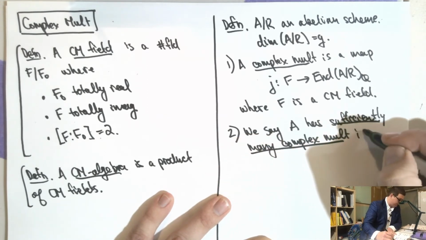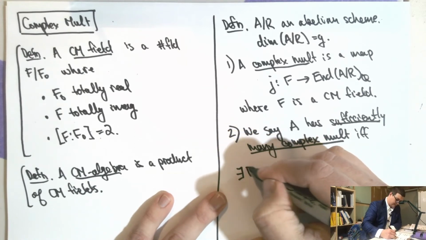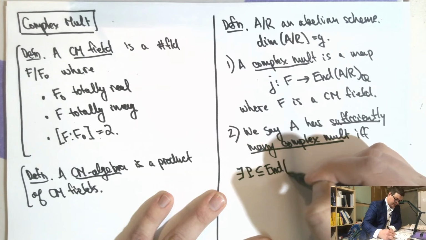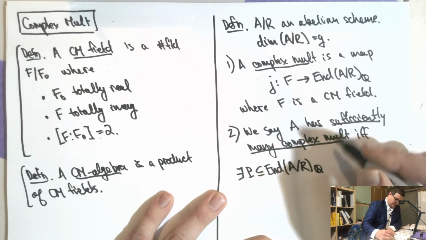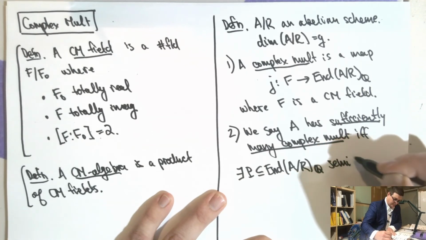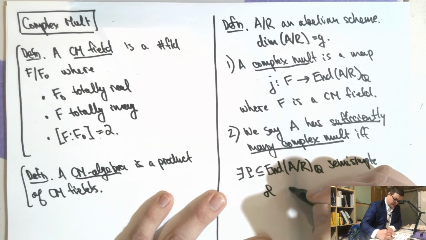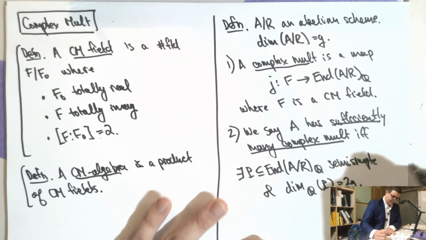if and only if there exists some P inside the endomorphism ring of A over R tensor Q, semisimple, and the dimension over Q of P is 2g.